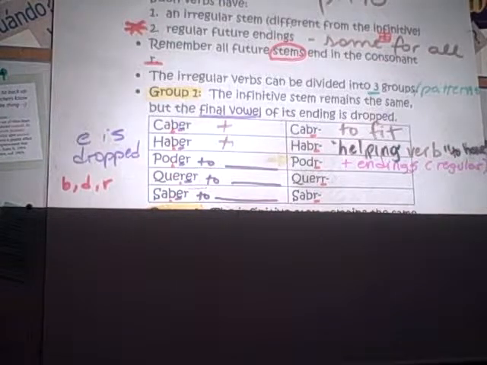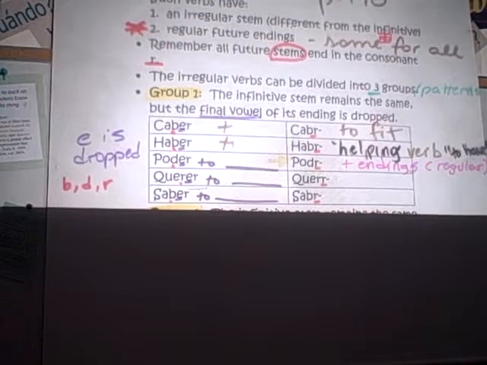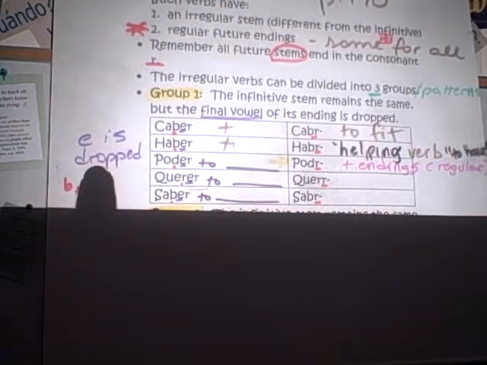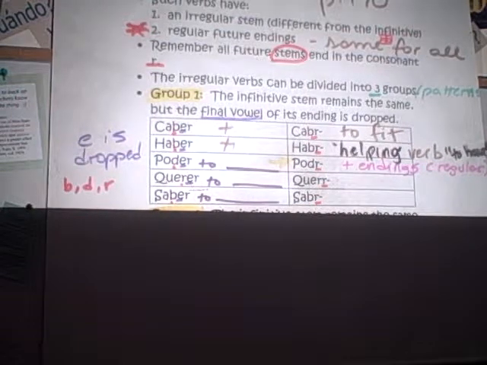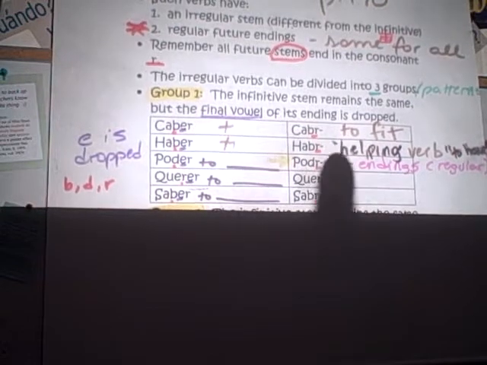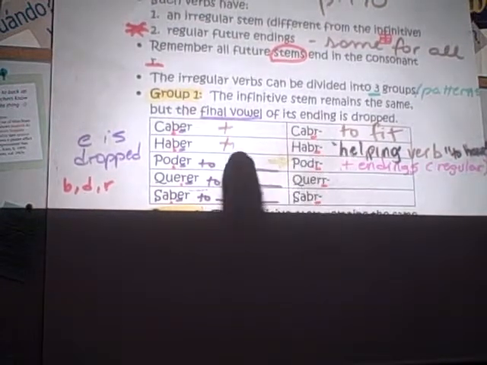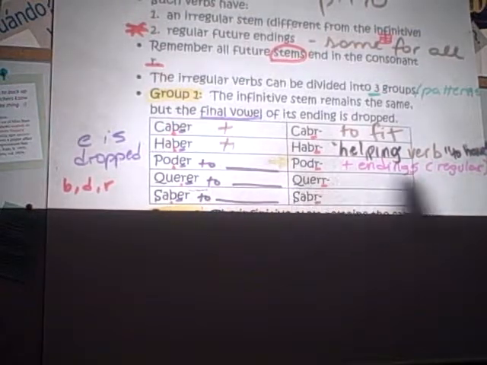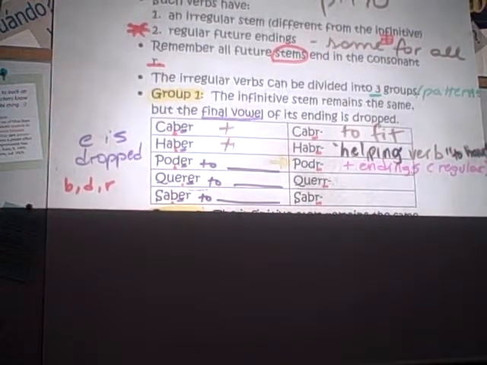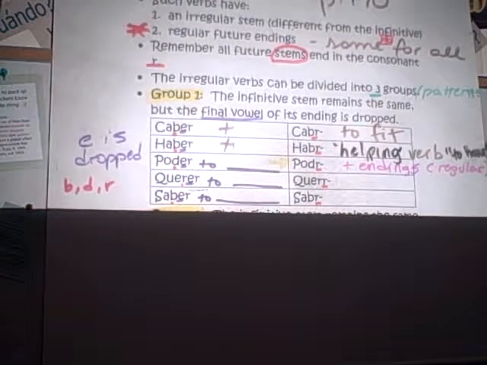Okay. So for this first group, these 5 verbs follow that rule. If you notice, you can shorten the rule to drop the last E, because every single one is an ER verb. So you're basically dropping the E from the ending, but you're still keeping that R. So these are the stems that it ends up with. Poder, P-O-D-R, because you dropped your E. Querer, this is one of the ones that have a trilled R, because there's 2 R's together.